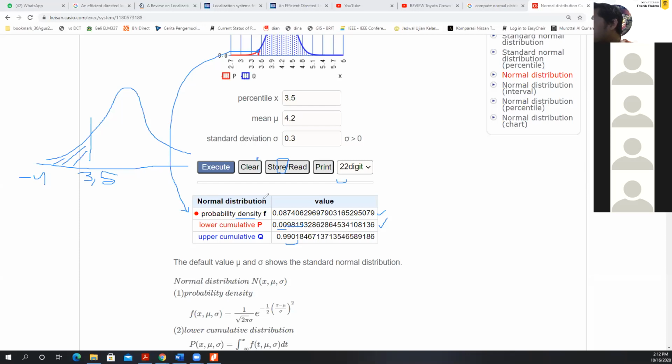This value represents the area below the red one, the red line. And this value represents the area, the rest, the blue area here. So you can see here it is equal to 0.0098.